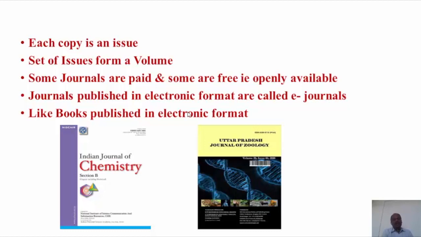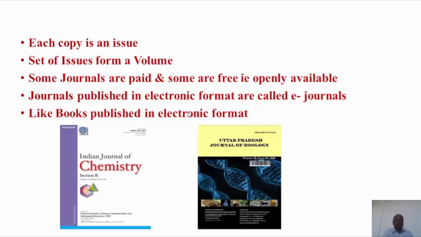It is published by CSIR, Council of Scientific and Industrial Research. This journal also is in print form, available on subscription. The publisher takes cost, so it is a paid journal. And some are freely available, electronically freely available journals are also there.